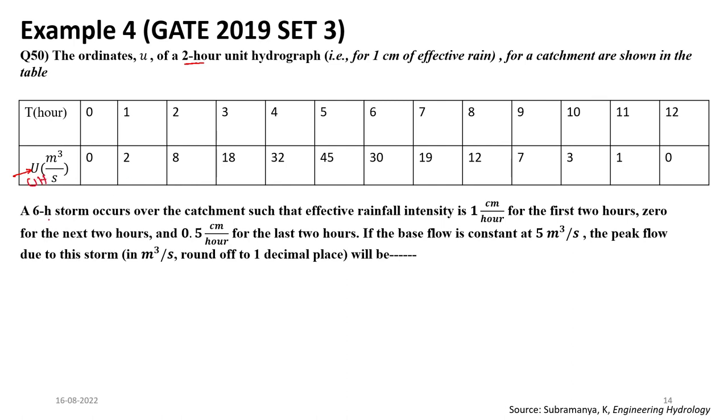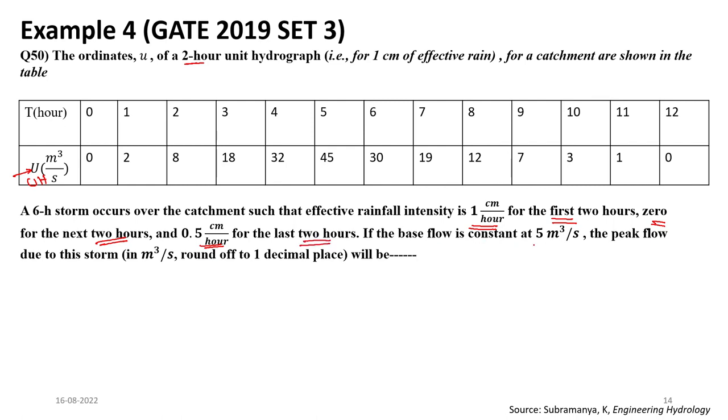Now a 6 hour storm occurs over a catchment such that the rainfall intensity is 1 centimeter per hour for the first 2 hours and 0 for the next 2 hours and 0.5 centimeter per hour for the last 2 hours.